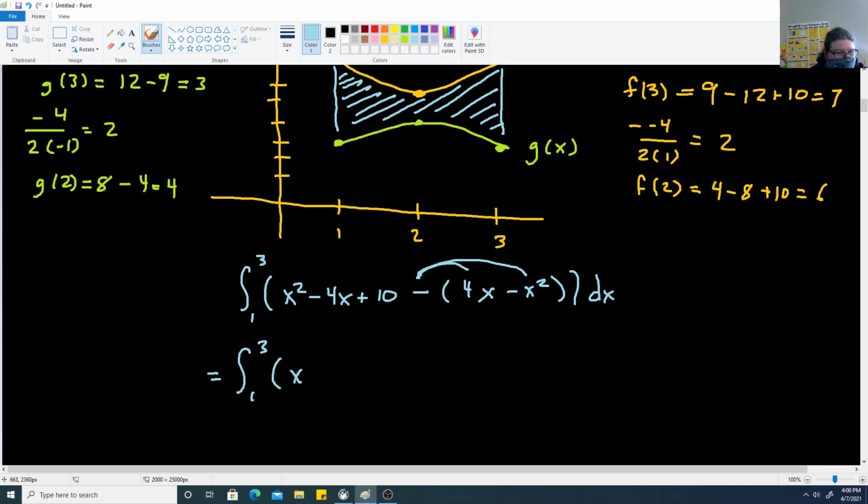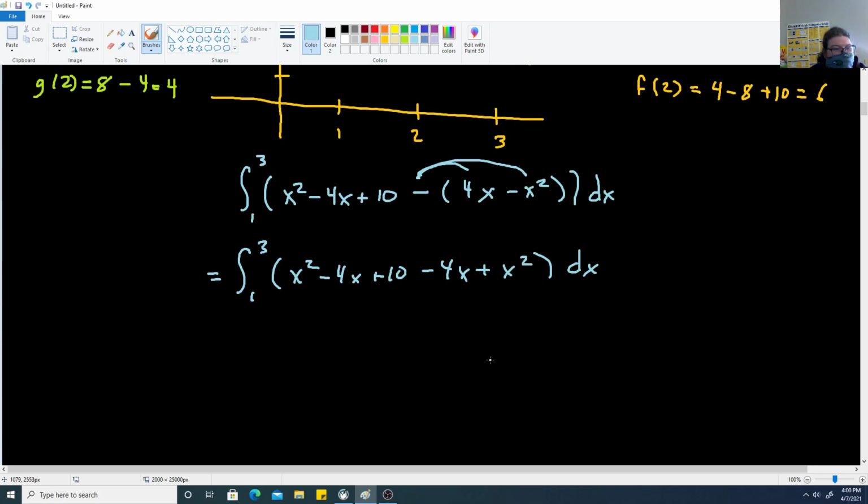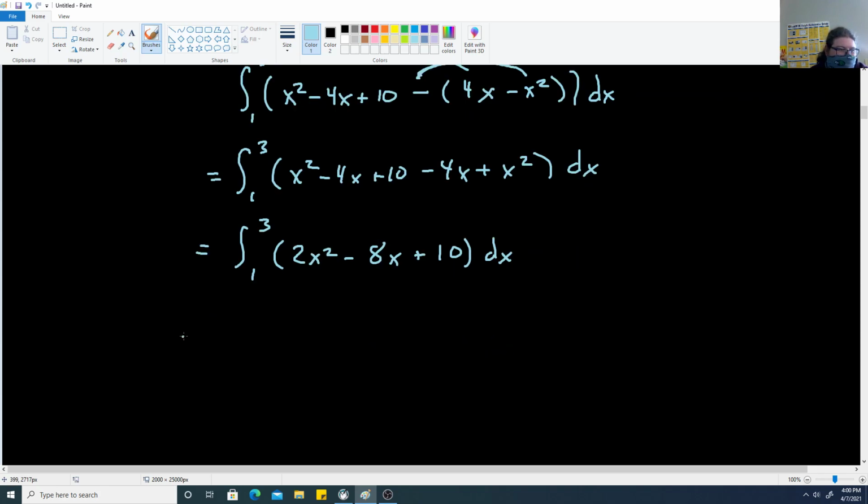So we got x squared minus 4x plus 10 minus 4x plus x squared dx, like that. We're going to combine like terms, so x squared plus x squared is 2x squared. Negative 4x minus another 4x is negative 8x. 10 plus nothing is 10. And then we're going to calculate the antiderivative here.